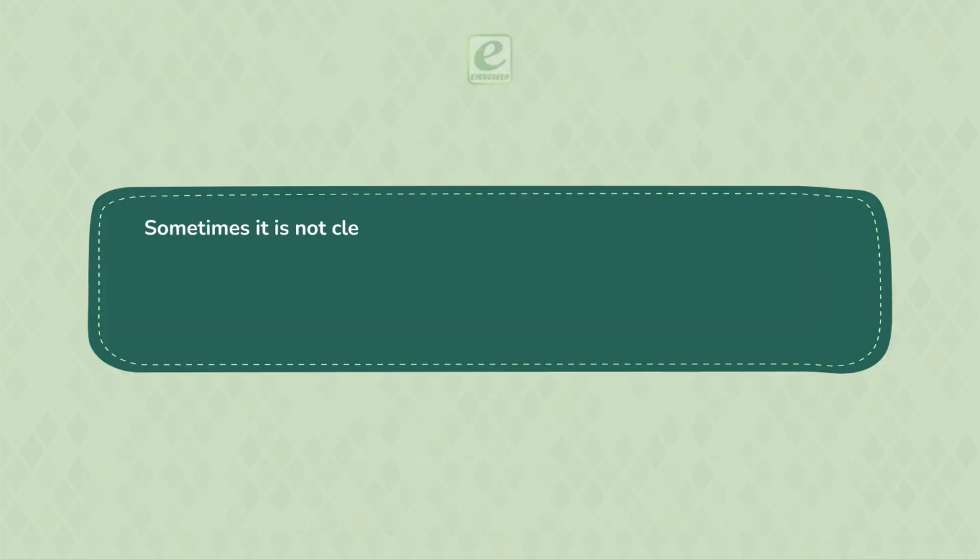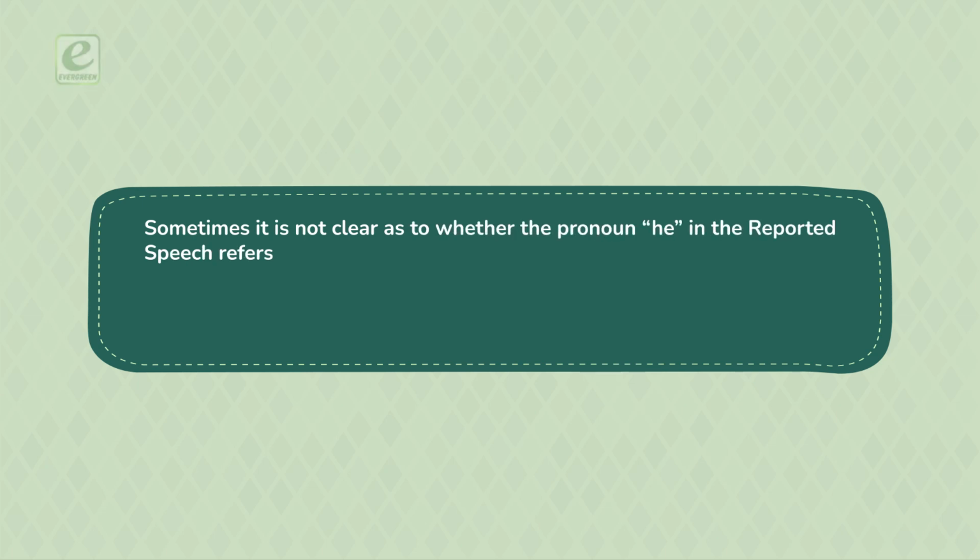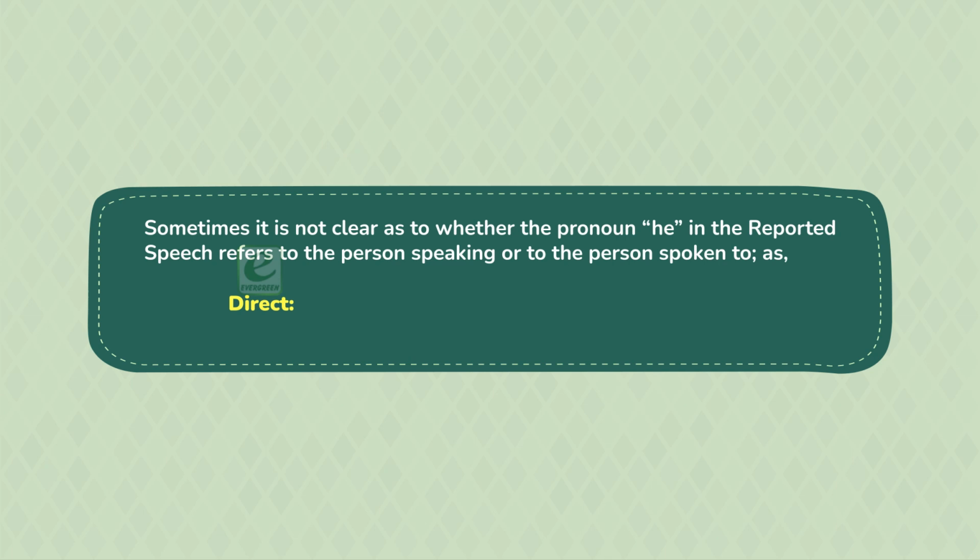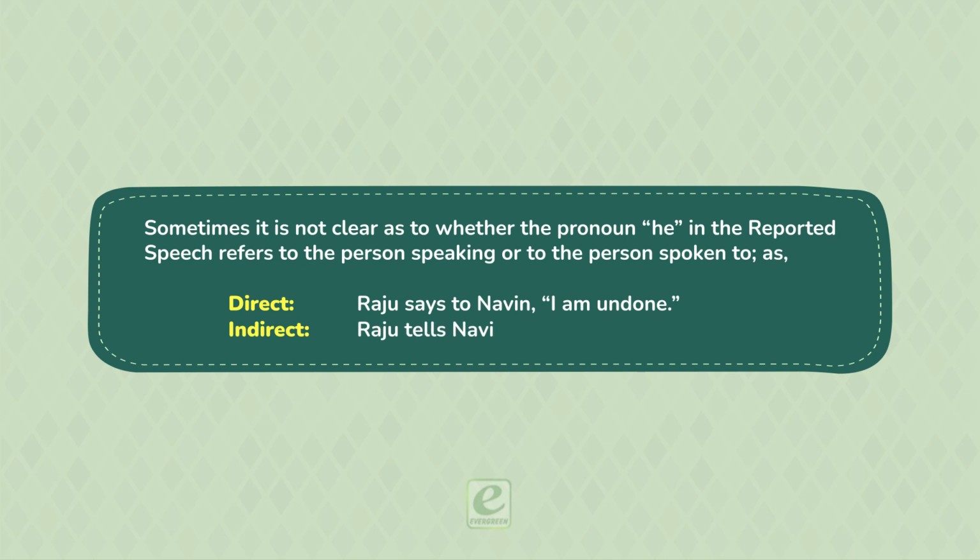Sometimes it is not clear whether the pronoun he in the reported speech refers to the person speaking or to the person spoken to. Direct: Raju says to Naveen, "I am undone." Indirect: Raju tells Naveen that he, who, is undone. How is this confusion or uncertainty about he to be removed?